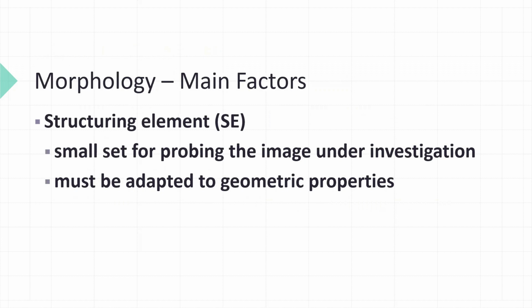The main factor of morphology is the structuring element, which acts as a mask, having some 3x3 or 4x4 array. It will mask on each and every part of the image and perform some operations which we are going to see in the next slides.